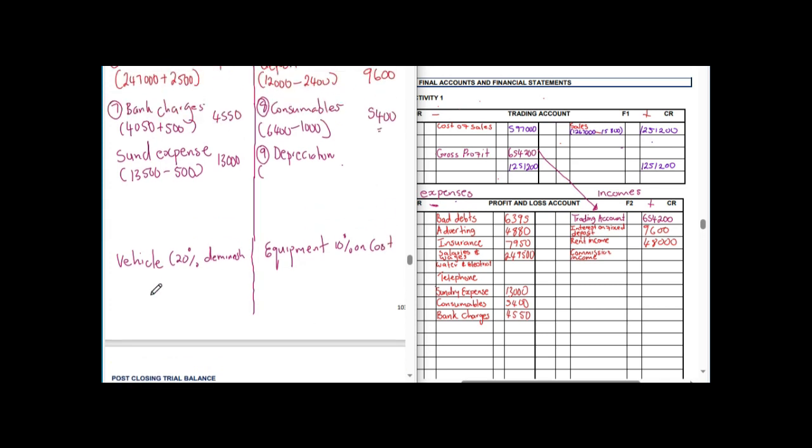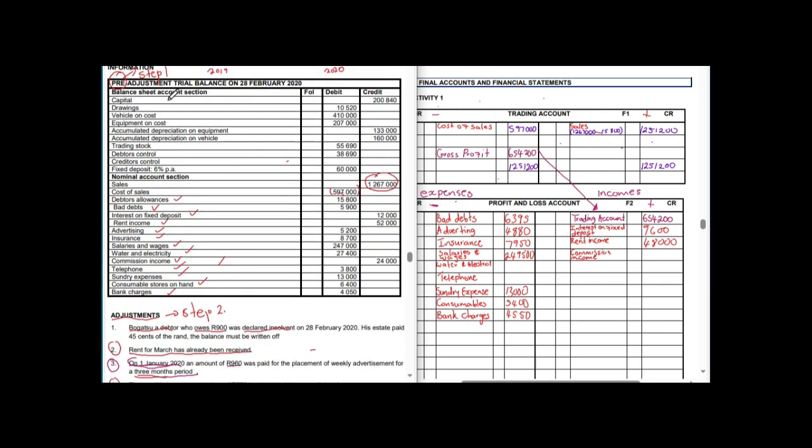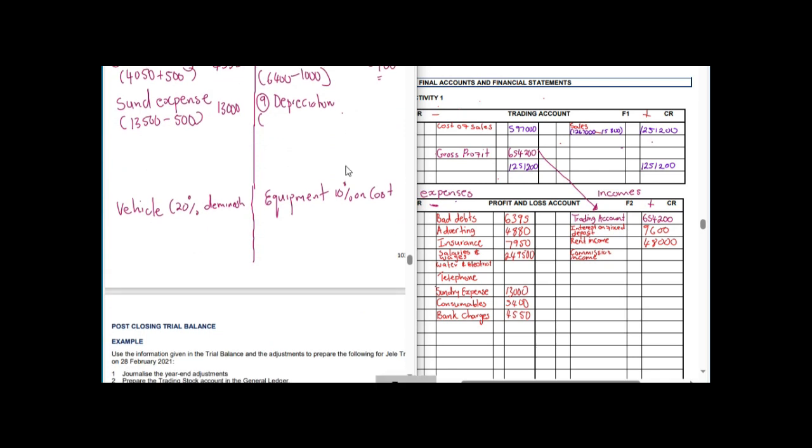So guys, let's start. The vehicle at the beginning of the year, it's how much? Then we can go to our vehicle from our pre-adjustment trial balance under balance sheet section account. We have a vehicle of 410,000. To record the vehicle, we are going to say 410,000.